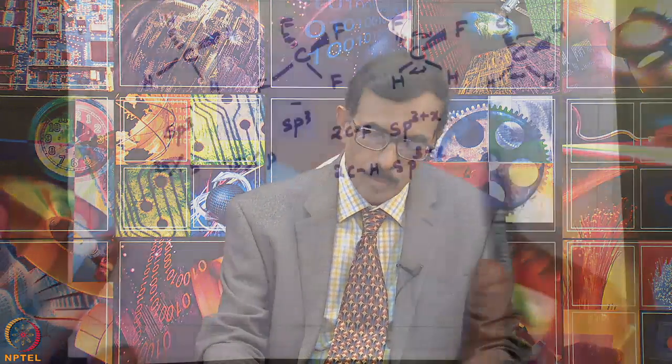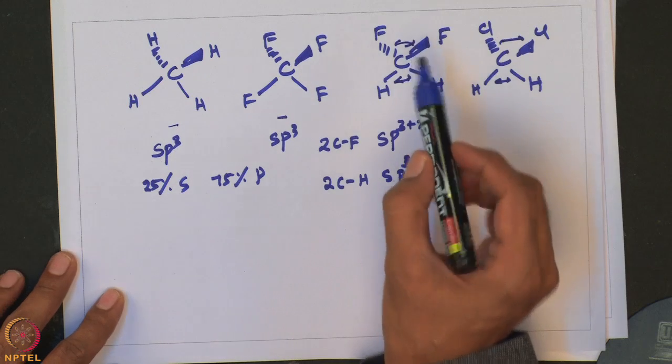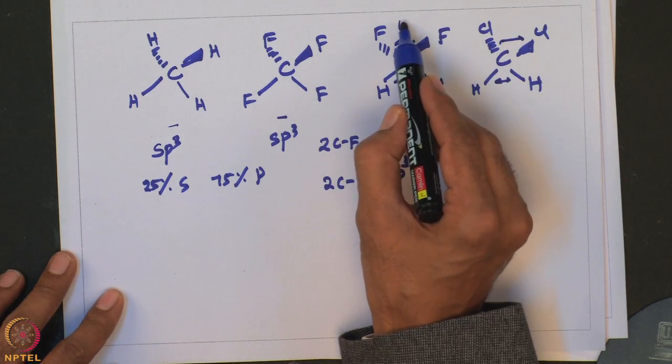On the other hand, if s character increases, it will go from 90 to the maximum tetrahedral angle of 109.5. So, with this information we should be able to predict the variation in the bond angle just based on the electronegativity of the atoms that are making the bond with the carbon. So, in this case we can say clearly that the FCF bond angles are smaller.